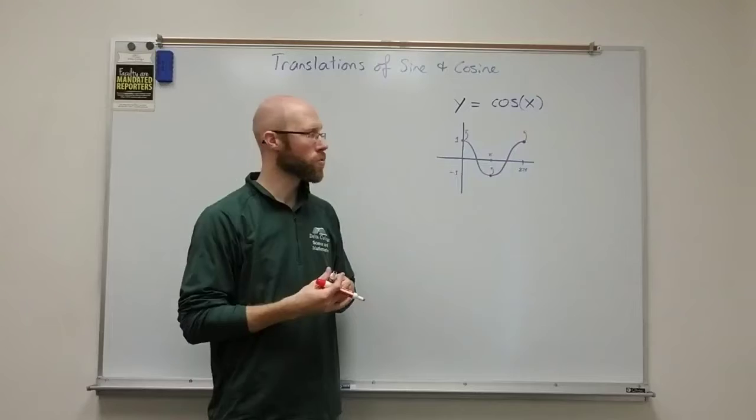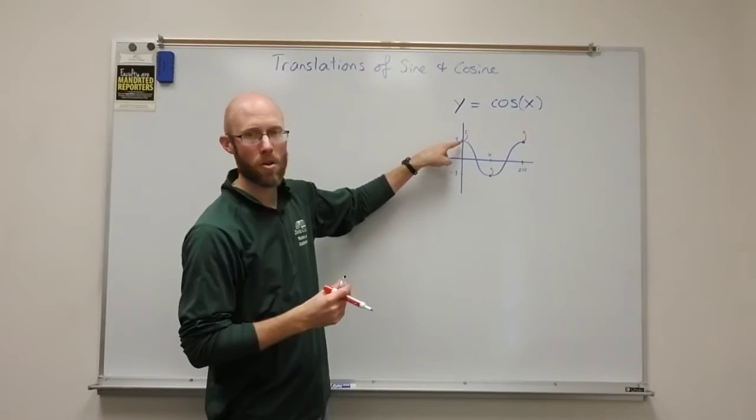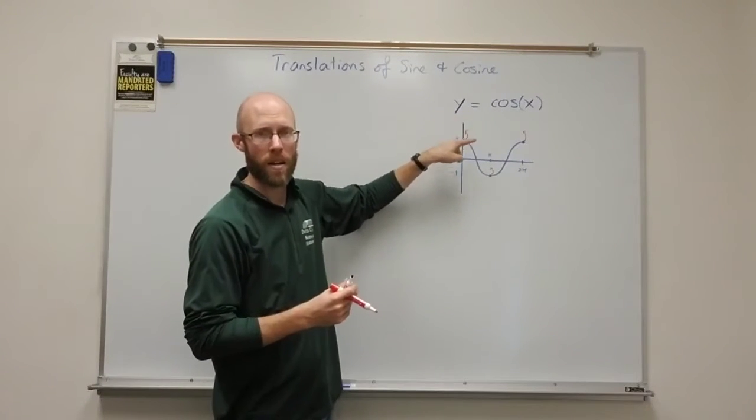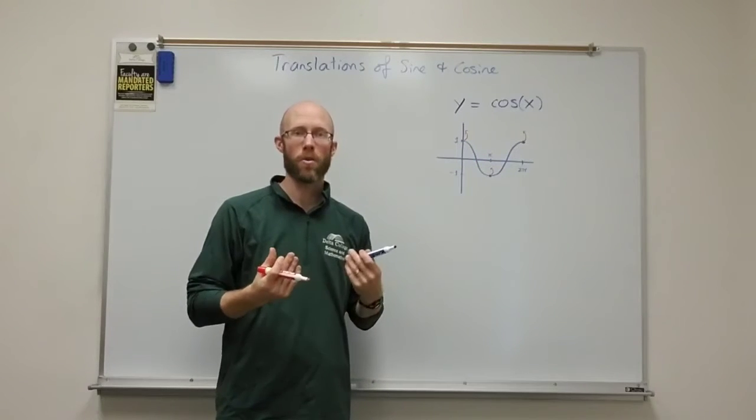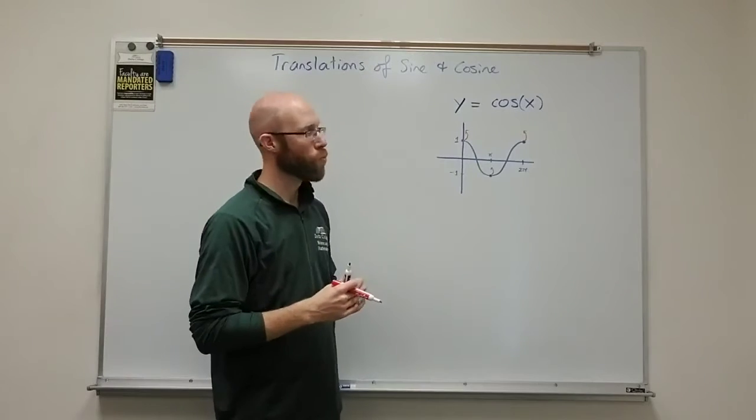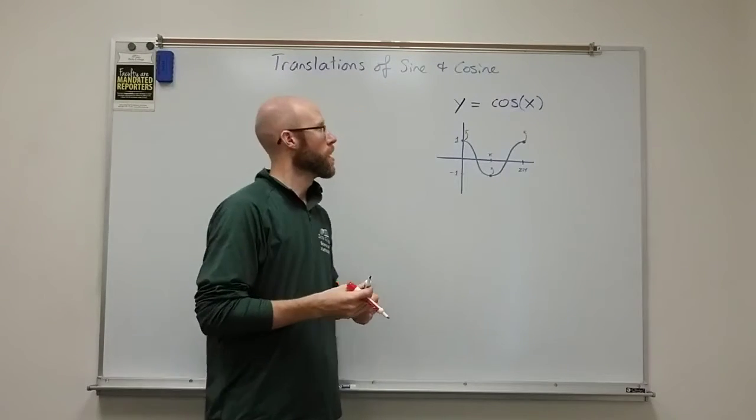Essentially you're taking all the outputs from the cosine and just adding 1/2. Add a number, add a number, and everything shifts up. All the outputs shift up, and so the y values rise.